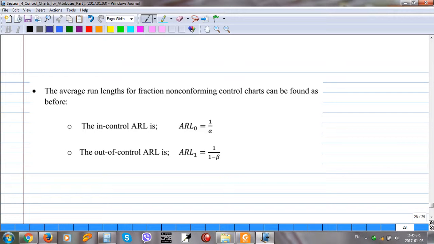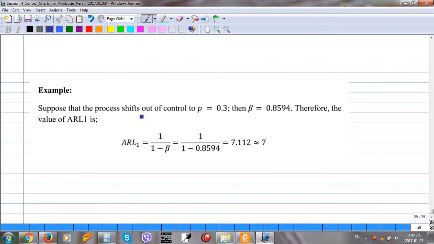So now beta is found, so average run length we can find. Suppose the process shifts to p equals 0.3, then beta equals 0.8594, then ARL you can find as 1 over 1 minus beta. After you found beta 0.8594, then 7.17. Here also I told you these are attributes, the non-conforming units. It means if it is 7.1 point something, you can approximate that as 7. Those are the things I am going to discuss in this video.